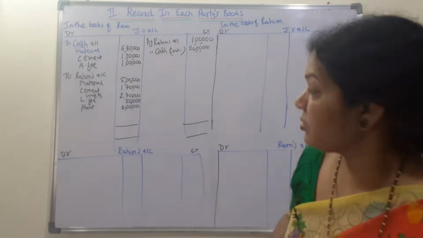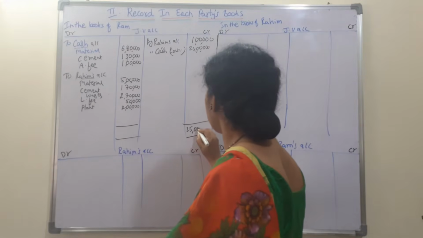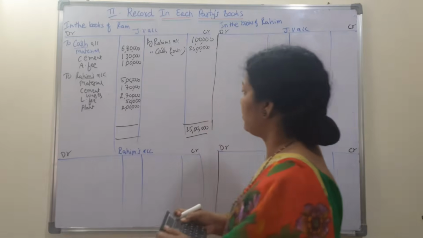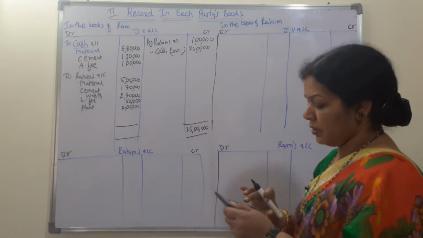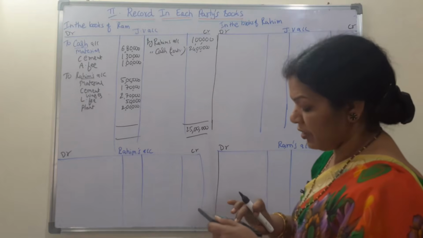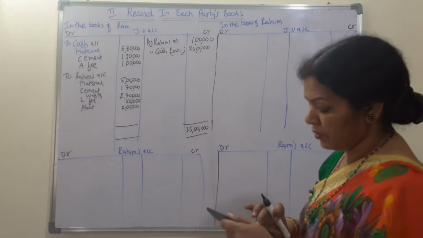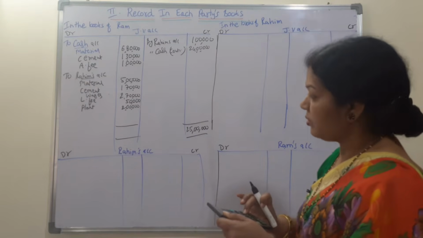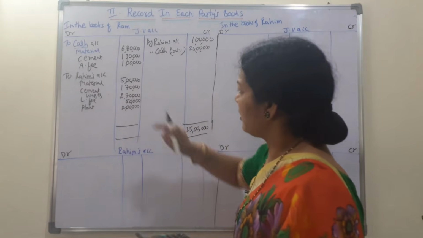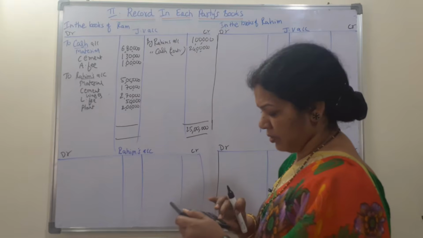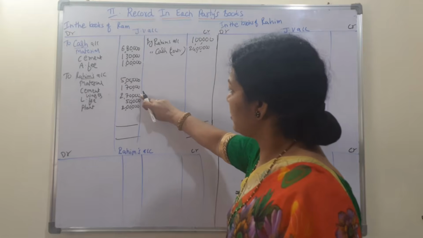We'll close the accounts. 24 plus 1 lakh means 25 lakh. We'll deduct all the transactions. 25 lakh minus 6 lakh 80, minus 1 lakh 30,000, minus 1 lakh, plus 5 lakh, 6 lakh, 7 lakh 70,000 is over.